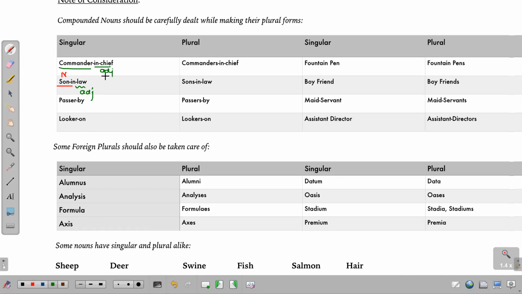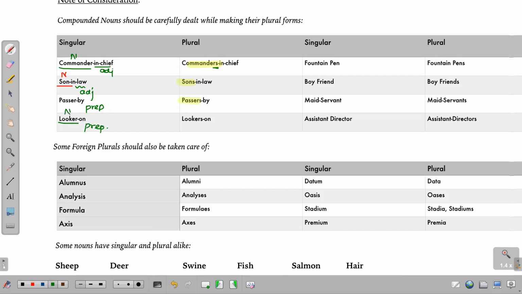Though it's a compounded noun, the word is acting like an adjective. So I will not say chiefs, I will rather say commanders-in-chief. We'll have a plural in sons-in-law. We'll have a plural in passers-by, because by is acting like a preposition here. Looker-on, on will act like a preposition here.